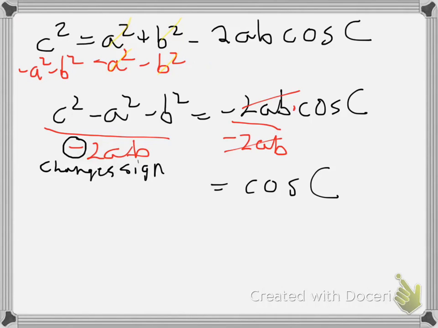Okay? So all I have to do is, so I really get a squared plus b squared minus c squared all over 2ab. And that's what the negative sign does to it. It makes it work backwards.